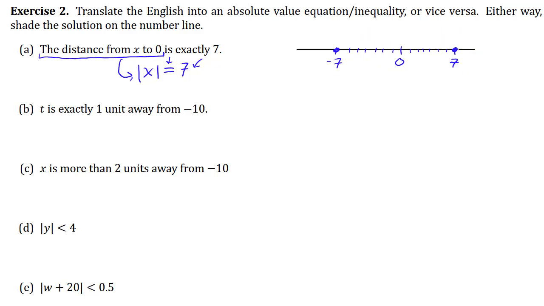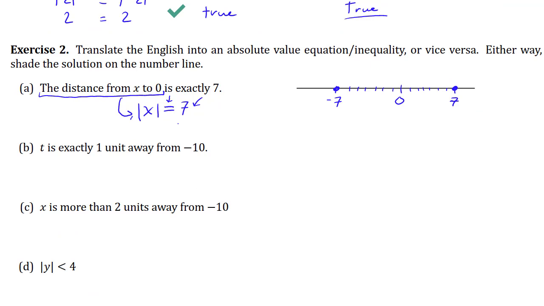All right, we're saying t is exactly 1 unit away from negative 10. So to translate this into absolute value, I'm going to rephrase it in terms of distance, like so. The distance from t to negative 10 is 1, is what this is saying. So that, in absolute value terms, is going to look like the absolute value of t minus negative 10 is 1.